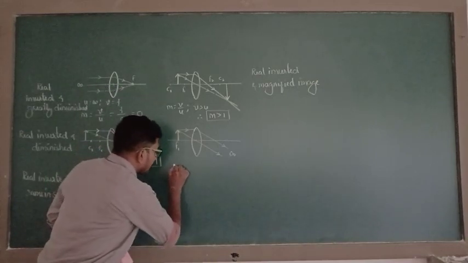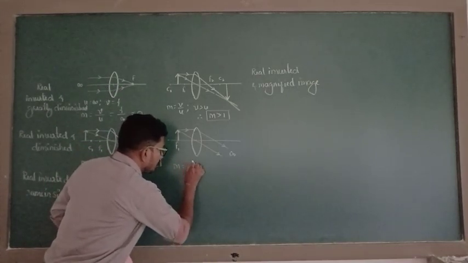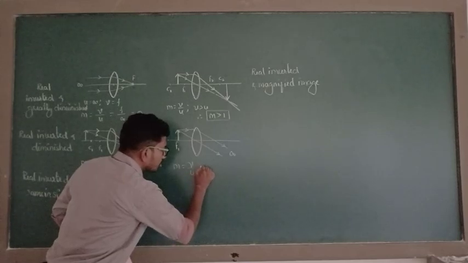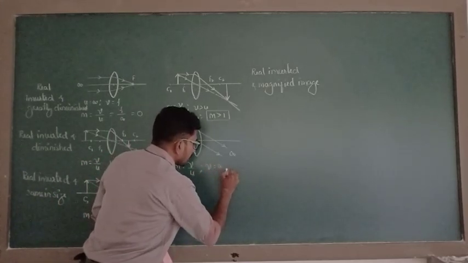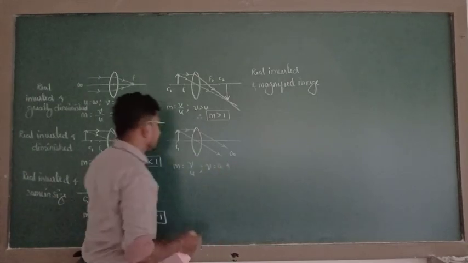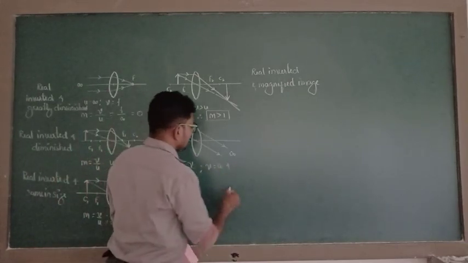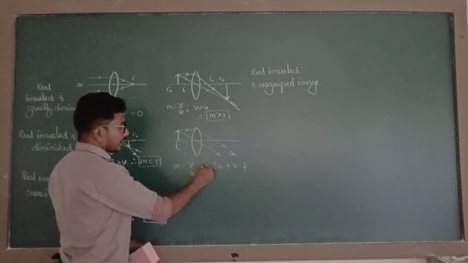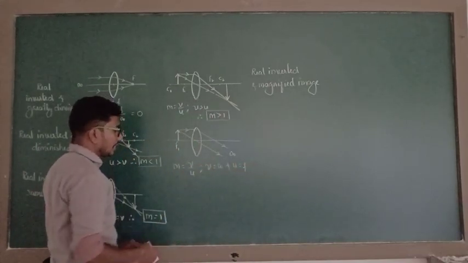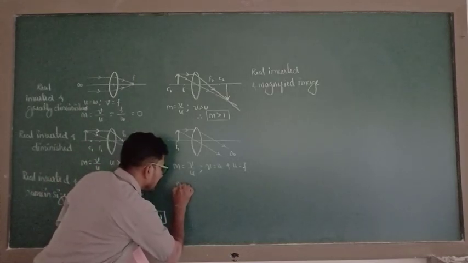So linear magnification is equal to V by U. So here V is equal to infinity and U is equal to focal length. Therefore, infinity divided by focal length, then M is equal to infinity.